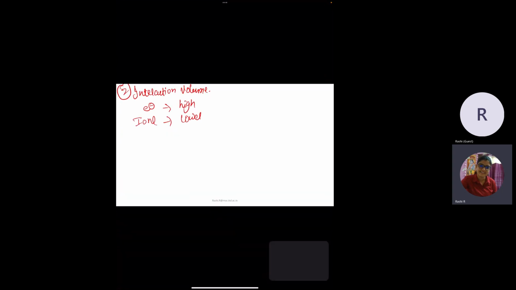So coming back, ions have lower interaction volume. In the case of electrons, when the electron falls on the sample specimen, it will have an interaction volume depending upon the voltage we apply and the sample. This is how the interaction volume will be for electrons.